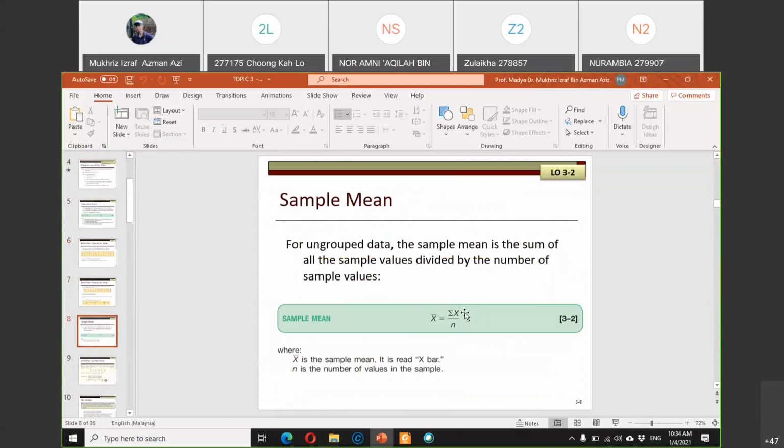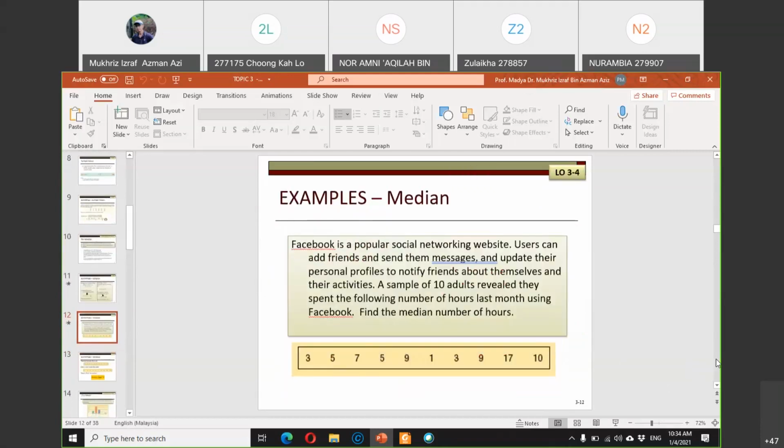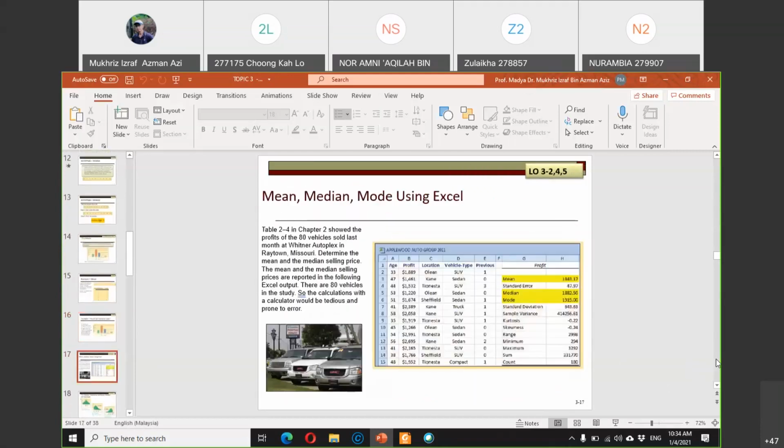But in terms of calculating the mean, it is still the same: summation x divided by n. Of course, for sample we use the small n, and for population we use the capital N to distinguish between the data from sample and the data from population. But in terms of getting the answer from the calculator or from the software, it is still the same process.